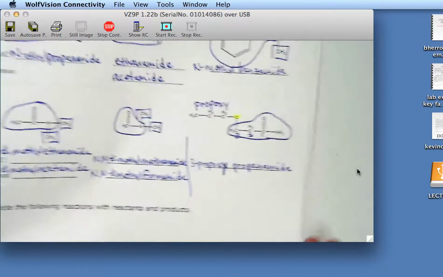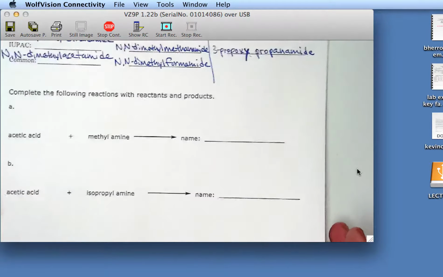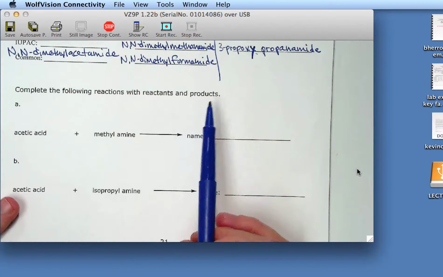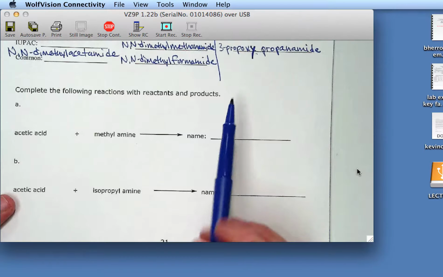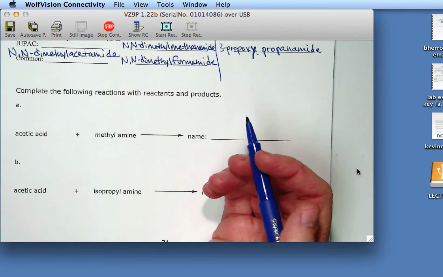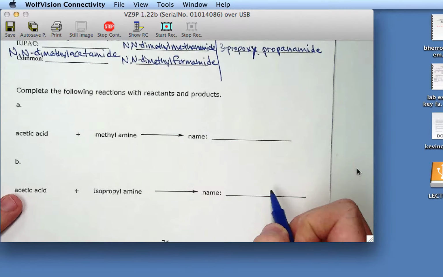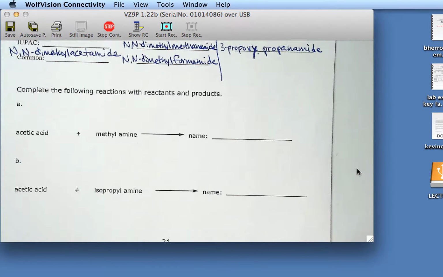All right, the last part of this packet, complete the following reactions with reactants and products. These are amidation reactions, and so, it's a carboxylic acid plus an amine, and I have you name them for practice. On the exam or on a quiz, it's likely that I'll just ask you to complete the following reaction.